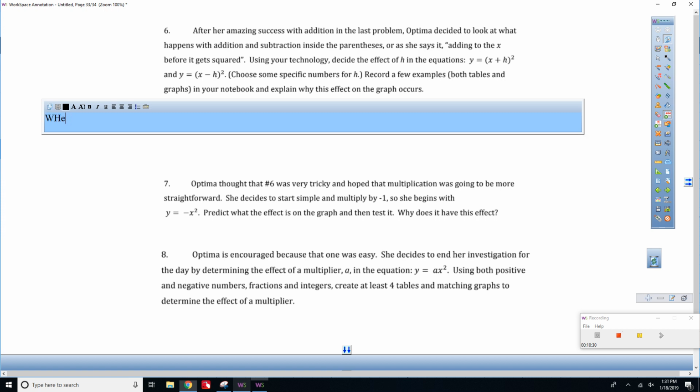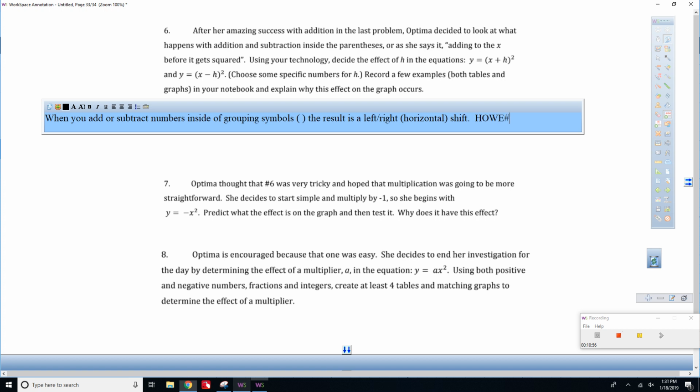When you add or subtract numbers inside of grouping symbols, which are just this, the result is a left or right shift, which is called a horizontal shift.